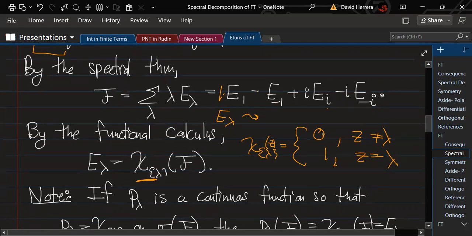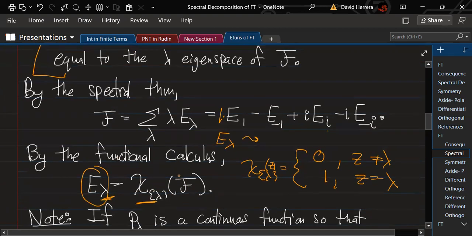As far as spectral theory is concerned, this spectral projection is this characteristic function of the Fourier transform. It's a function that's 1 on the certain eigenvalue lambda and 0 everywhere else.